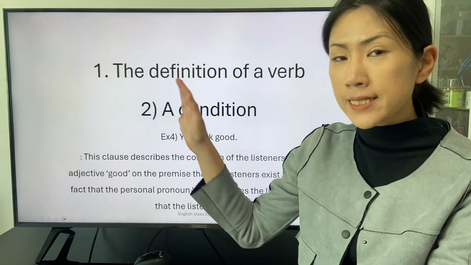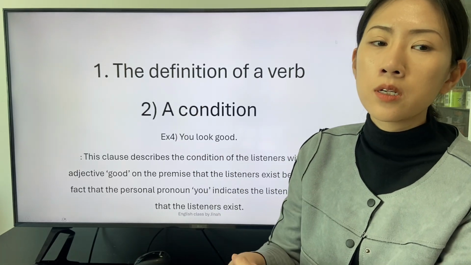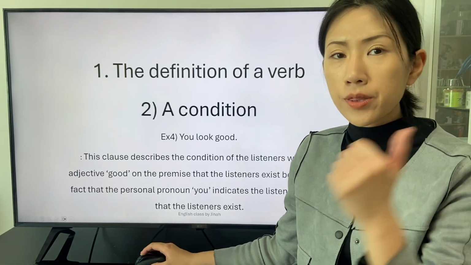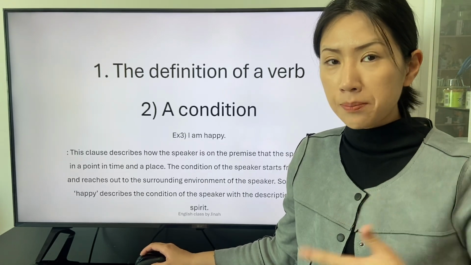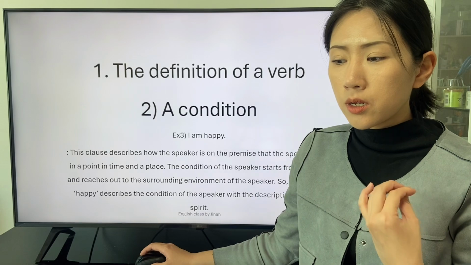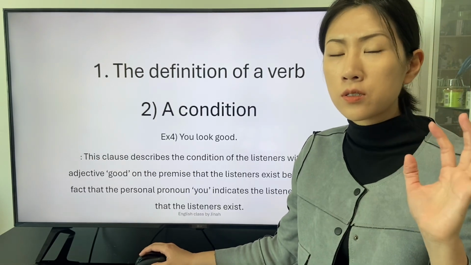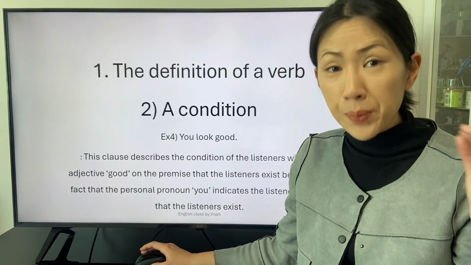The first exemplary clause is about the condition of the listeners. With the first, second, and third exemplary clauses, we describe the condition of the subject with the be-verb.